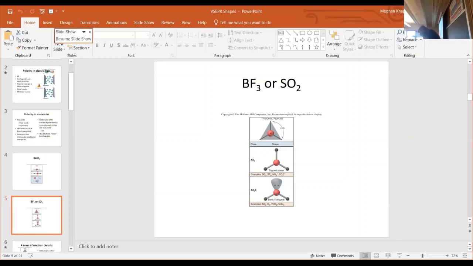BH3, one of our electron deficient ones. Or we could use something like the carbonate ion that we had on our quiz, where the central carbon didn't have any lone pairs and it was resonant, right? So all of those bonds are really equivalent to one another at 1 1/3. So that would also qualify.